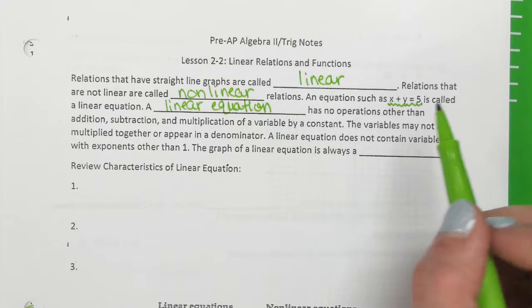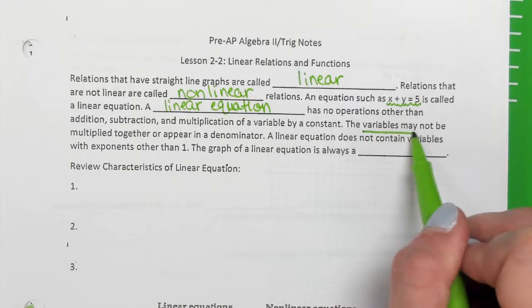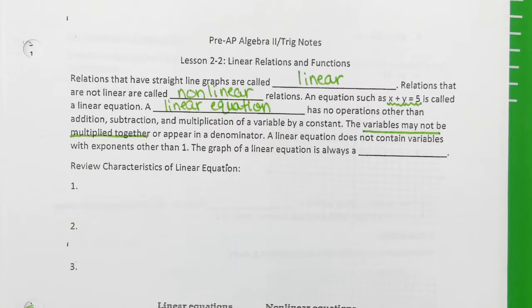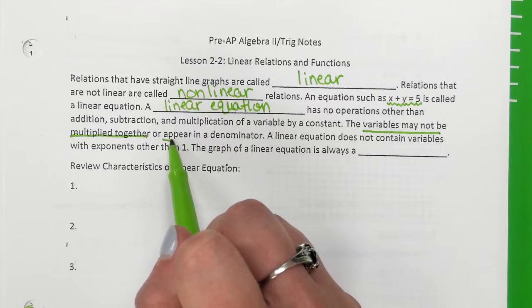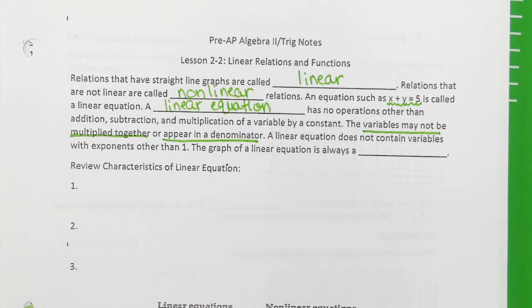All right, here's what we need to know right here. We're going to make a cheat sheet in just a second. Variables cannot be multiplied together. And what else can't happen? You can't have a variable in the denominator, right?